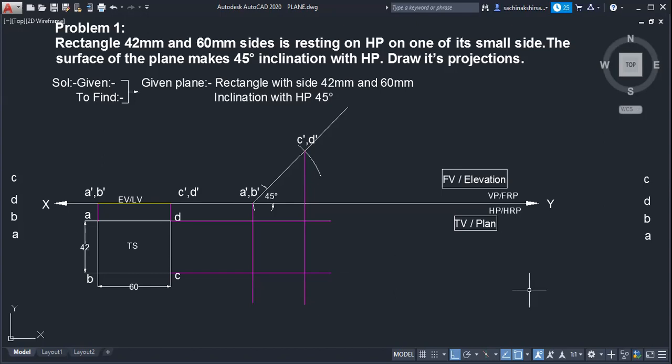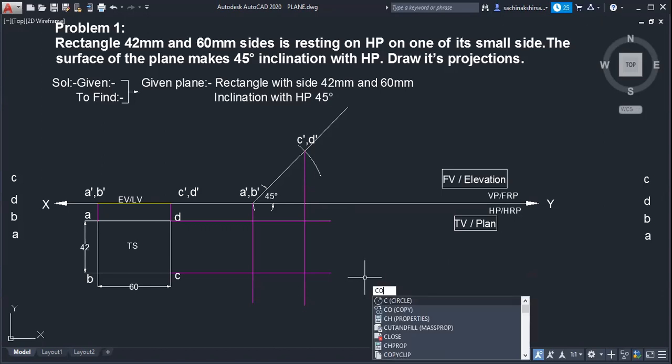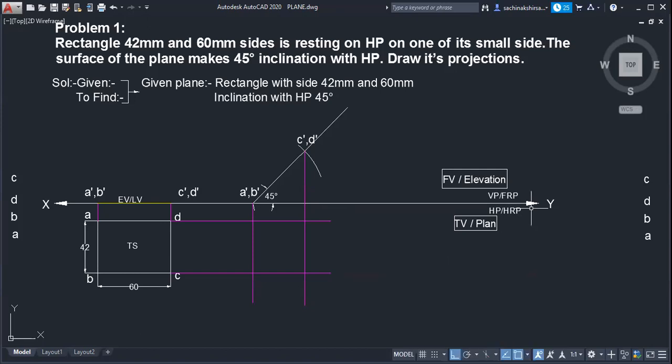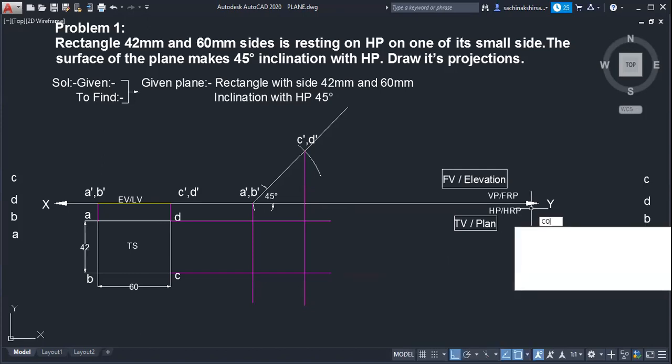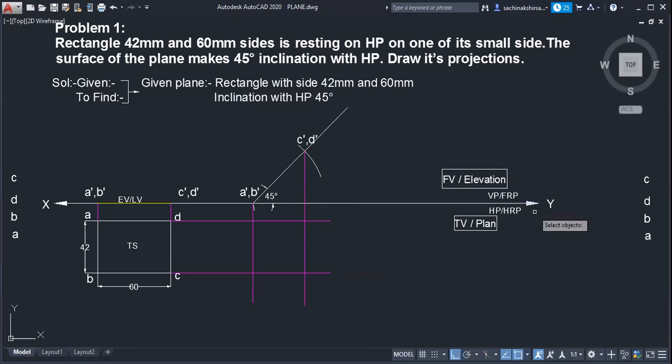So if you want to know where you are drawing, draw these projection lines now. If you want to show an arrow, I will show. So only projection lines in this way. From here we have to go something like this.